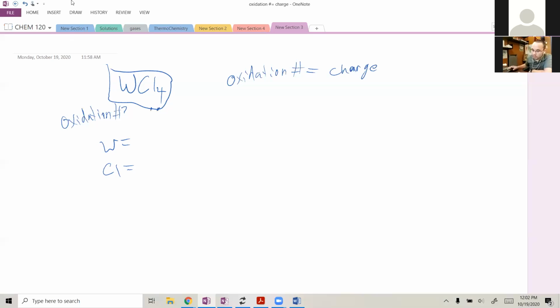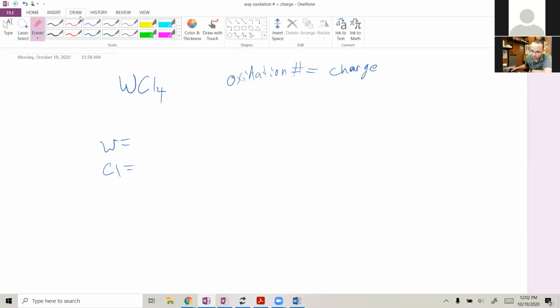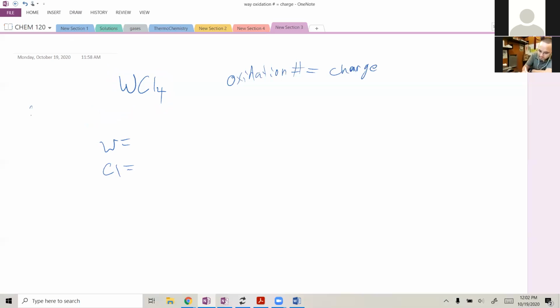What would the charge be for the whole compound itself? 0. So is that a charge? No. So in this case, we don't have a charge on it. It's a neutral compound, but you're right that all of their oxidation numbers are going to add up to be 0. And so that's kind of what we're looking for.